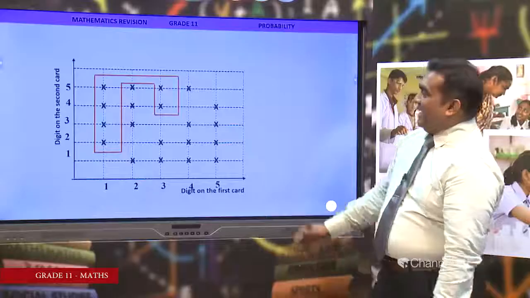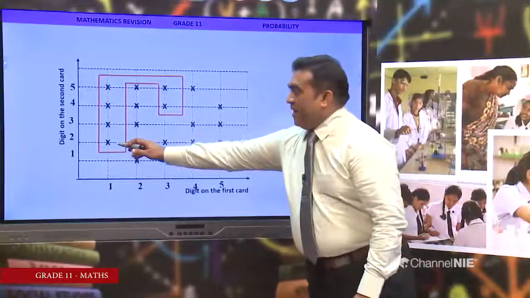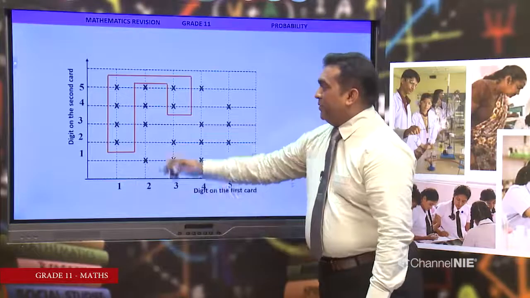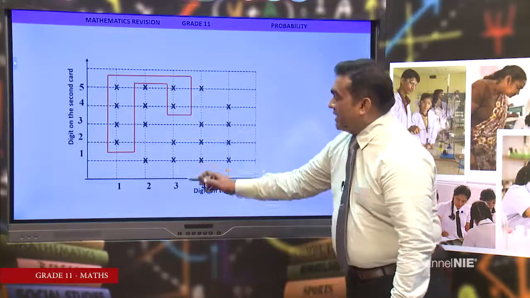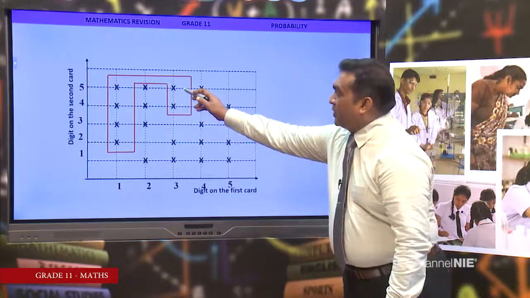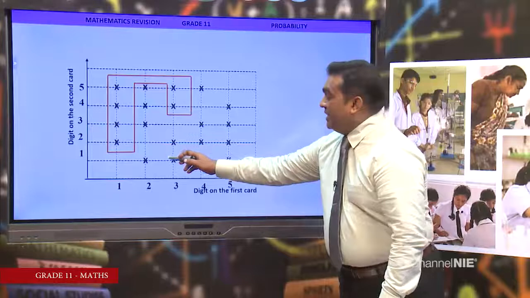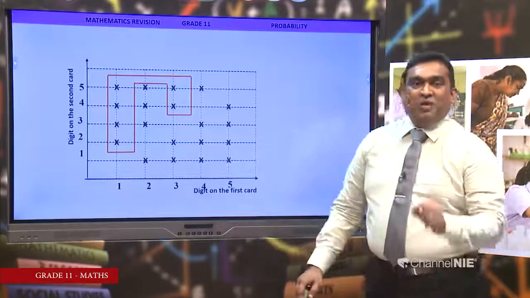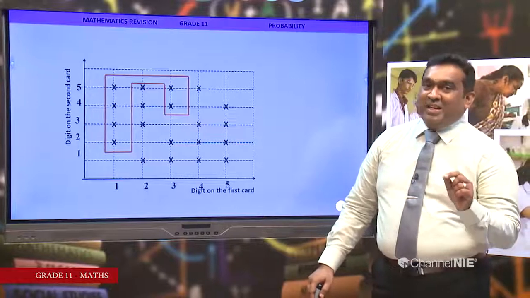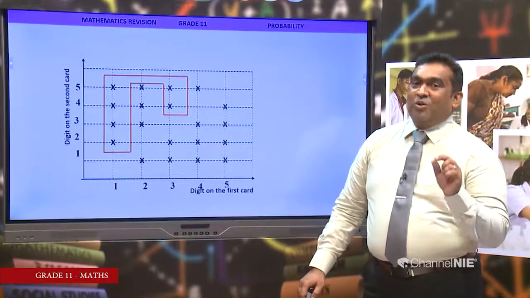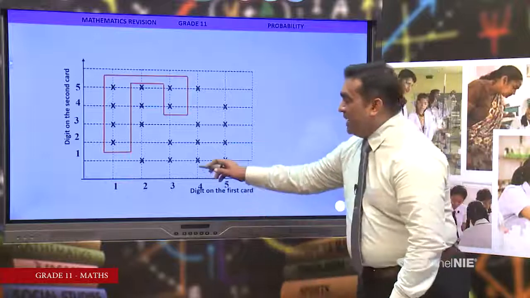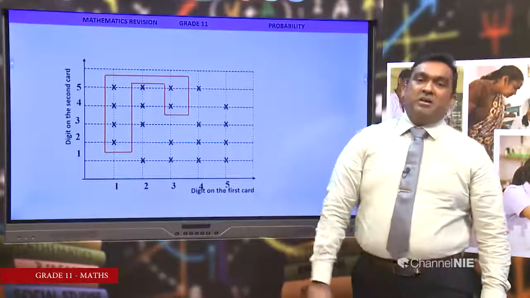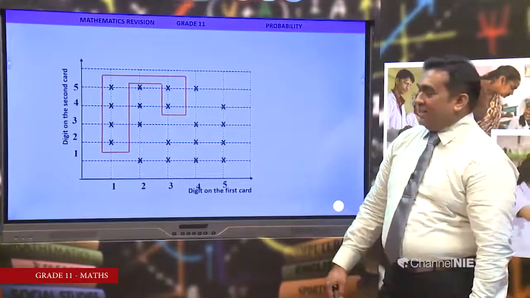Understood it? Here 1, 2, 1, 3, 1, 4, 1, 5. Here you can see 3, 4, 3, 5. You can't consider 3, 1 here. 3 is an odd number, but you can't consider it because the second number is a smaller number, right?